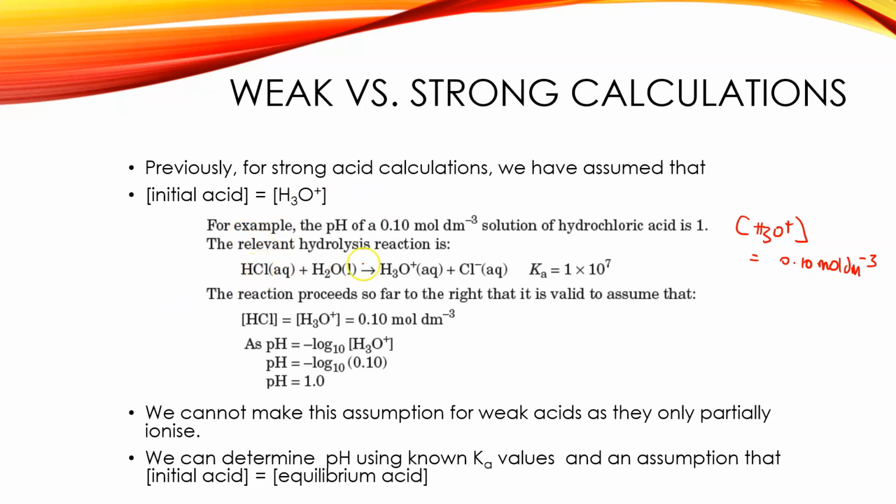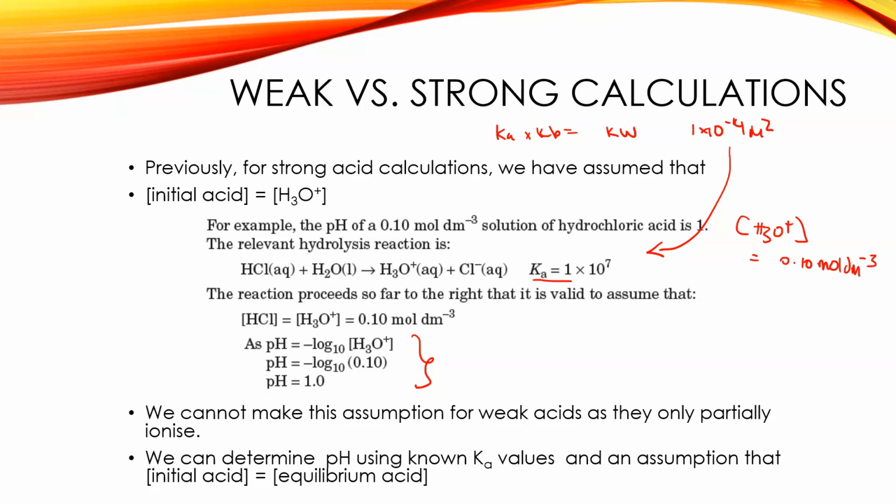We can state the hydrolysis reaction using the full forward arrow because we assume that hydrolysis is complete, and the Ka is going to be 1 × 10^-7. This comes from the fact that Ka times Kb is equal to Kw, and Kw is 1 × 10^-14 mol² dm^-6, meaning that in a neutral solution we have 1 × 10^-7. The reaction proceeds so far to the right that it is valid to assume that the HCl concentration is equal to the H3O+ concentration, and then we substitute this into our equation.